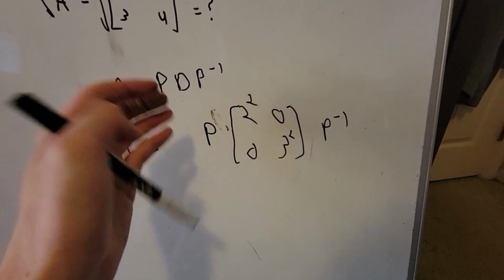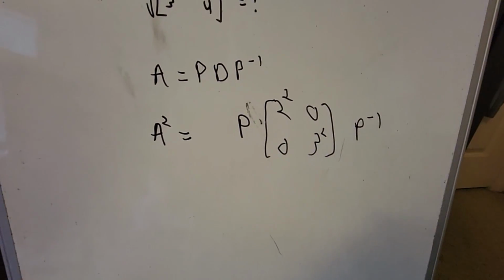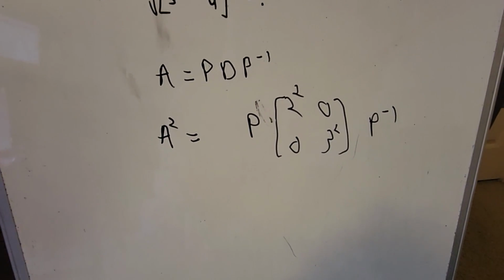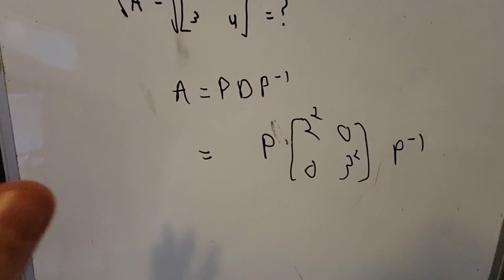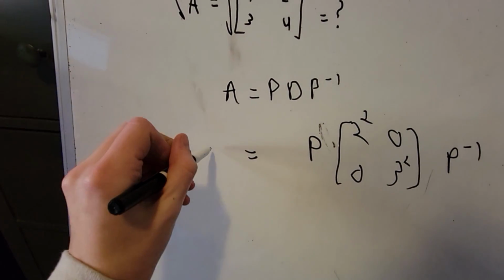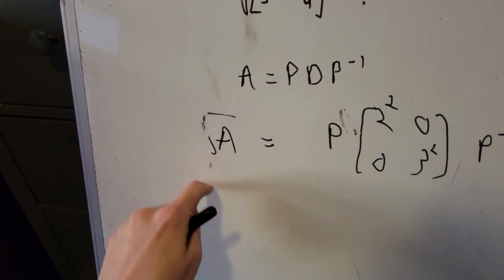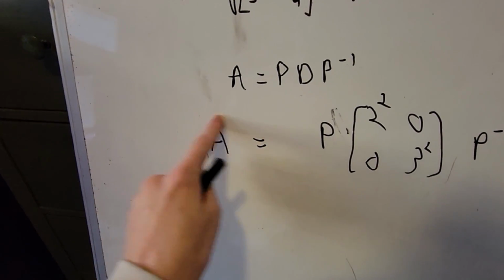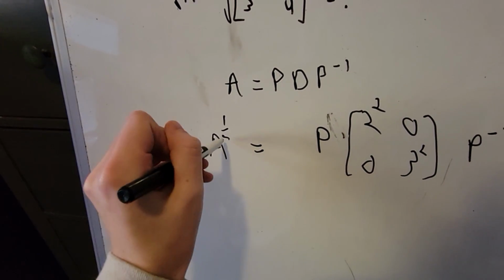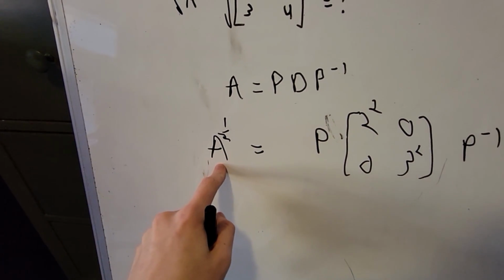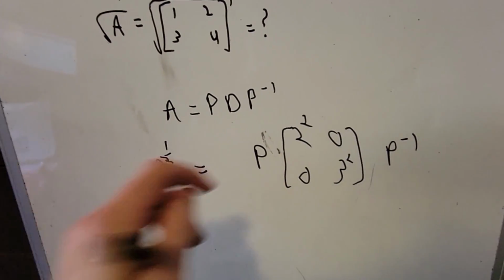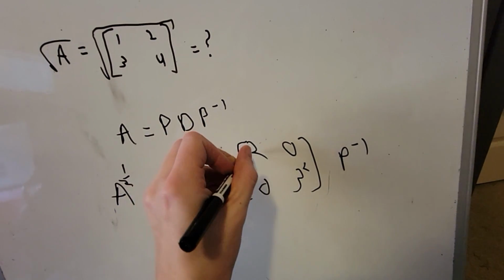And then we can do the multiplication starting from right to left. So this is my theory on how we're going to compute the square root of A, because the square root is the same thing as the 1/2 power. I don't know if this is how it actually works, but it's my theory.